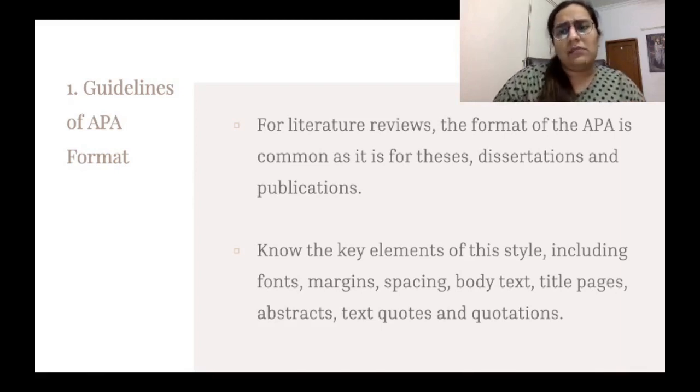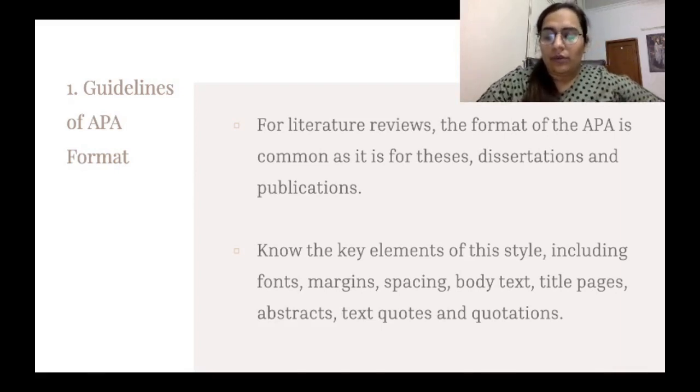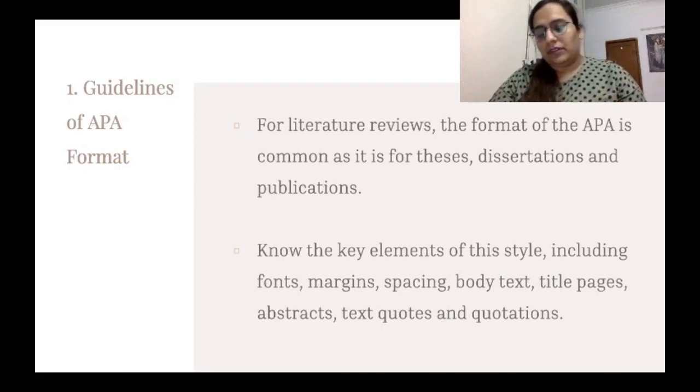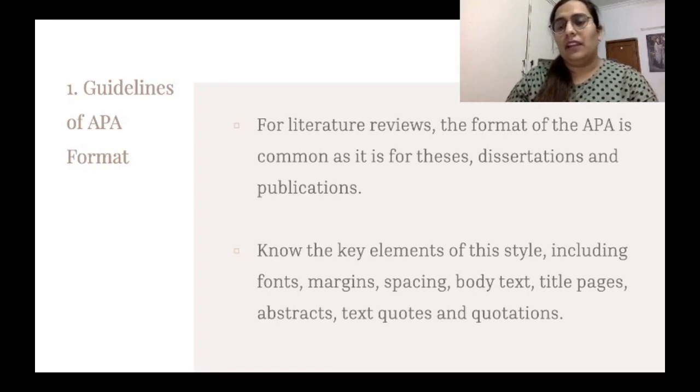When you have a systematic format, you know that the first portion is the abstract, the second portion is your introduction and keywords, and then you have a proper literature review, then a summary of the literature review. This kind of formatting would help you in understanding the literature.